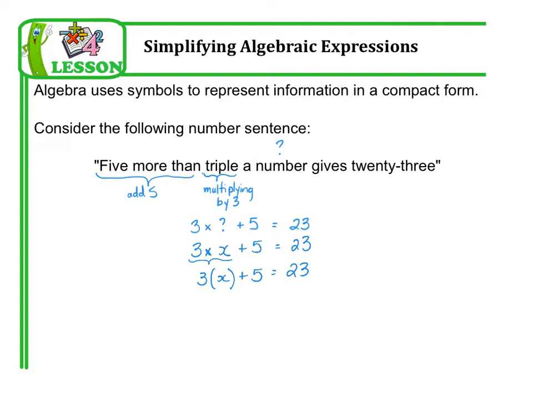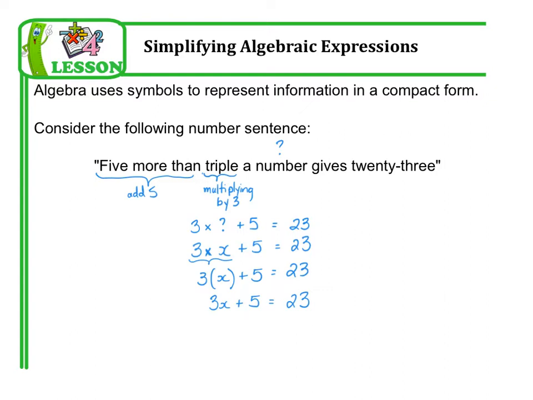And then they went one step further than that. And instead of writing 3 brackets, mathematicians decided that if we're just multiplying a number like 3 and a letter like x, we don't need the brackets there. Let's make it a little bit simpler and just write 3x plus 5 equals 23. So there is the algebraic equation that represents that number sentence.